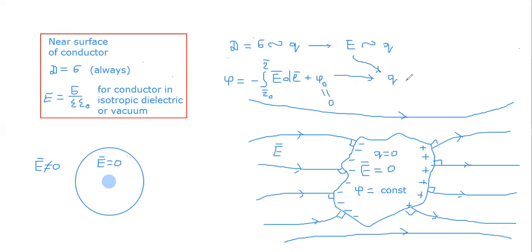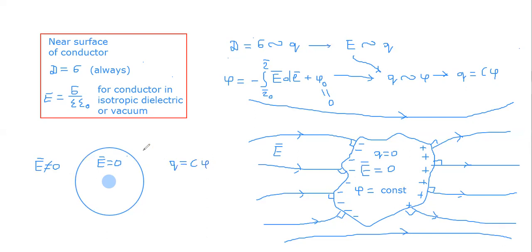And because of this, we have that electric charge Q is proportional to electric potential, and it can be written like this: Q is equal to C multiplied by phi.